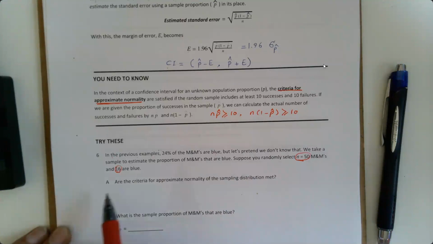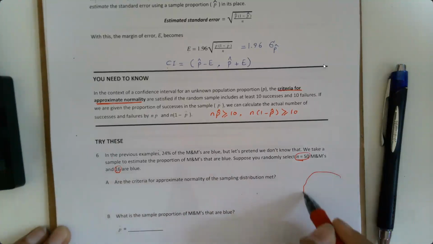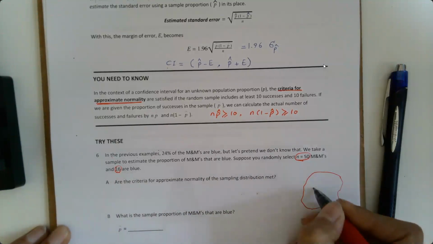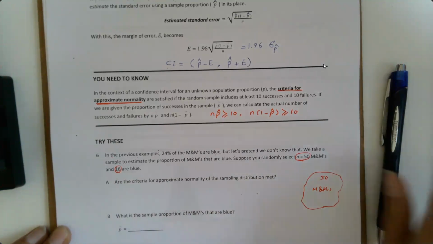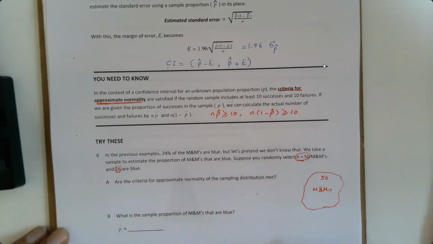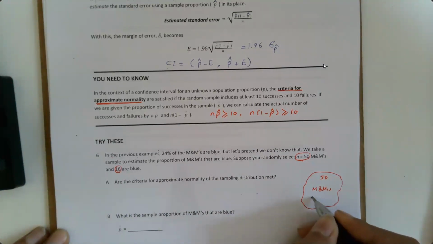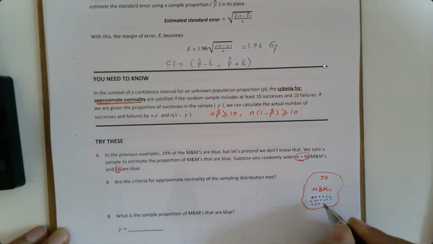Well, you're the statistician. You have a bag full of M&Ms, 50 of them. And it turns out 16 are blue. So 1, 2, 3, 4, 5, 6, 7, 8, 9, 10, 11, 12, 13, 14, 15, 16. 16 blue M&Ms here.